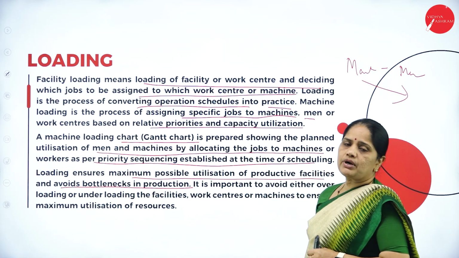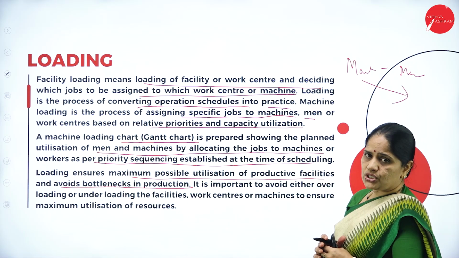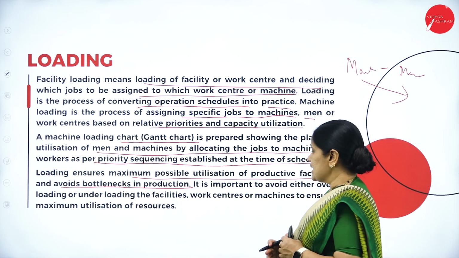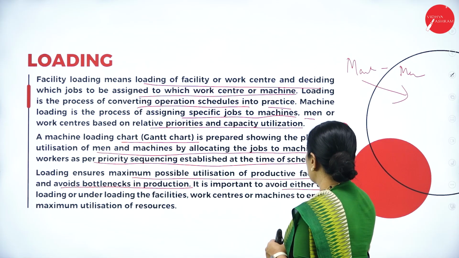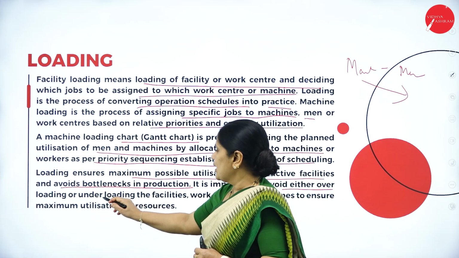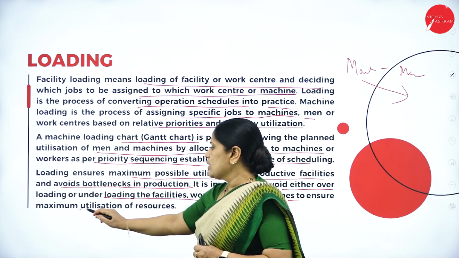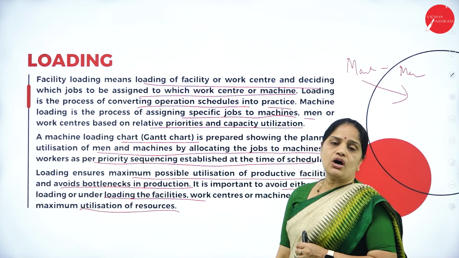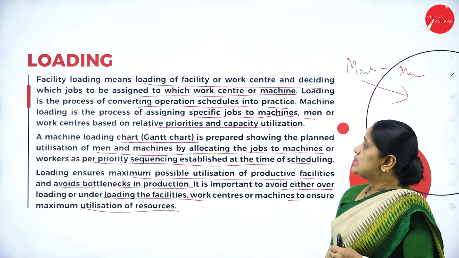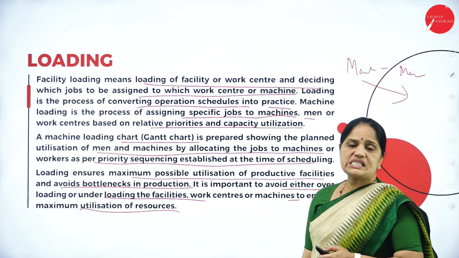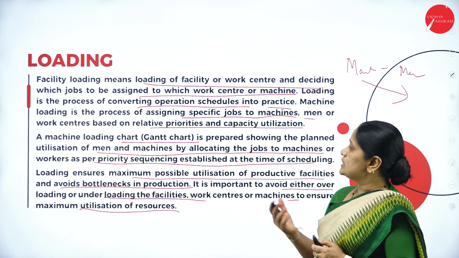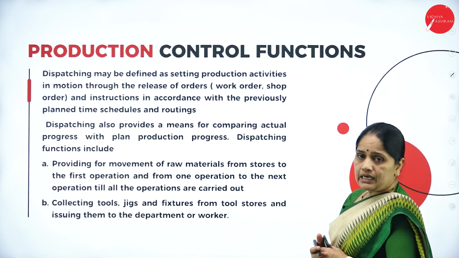So bottlenecks in production means no stoppage in production, so that it moves very smoothly. So it is done to avoid either overloading or unloading the facilities, work centers, to ensure maximum utilization of resources. So this loading function is done to see that there is maximum utilization of the available resources.